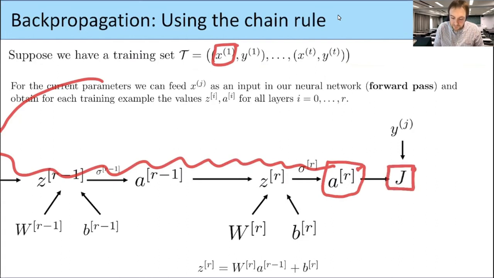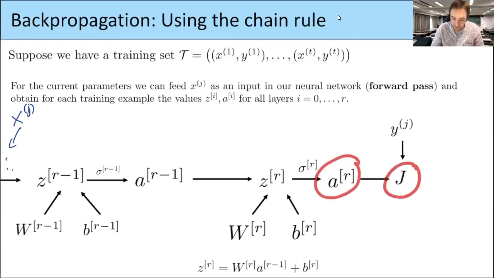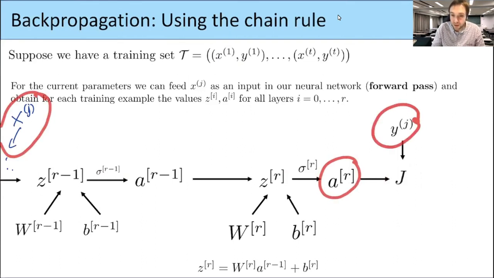The cost function takes this output for some xj and somehow compares it to the yj.